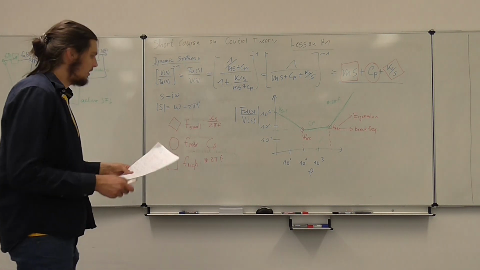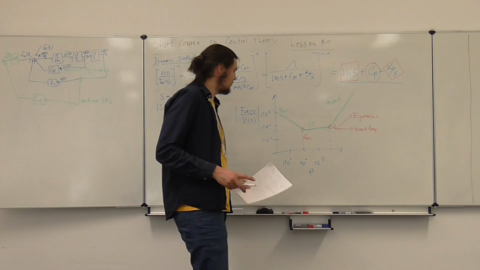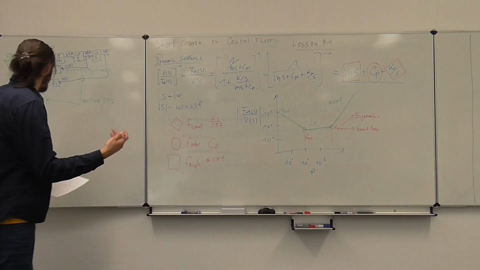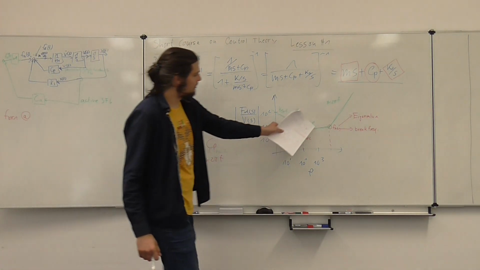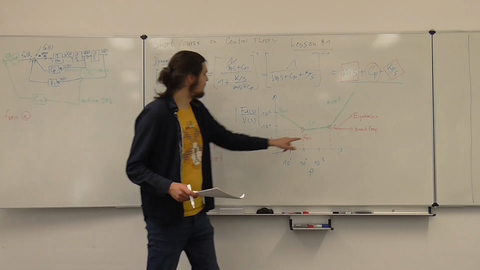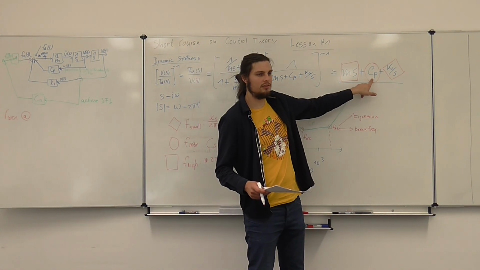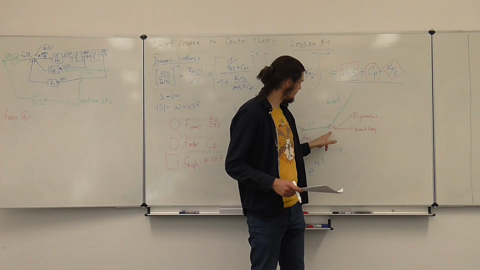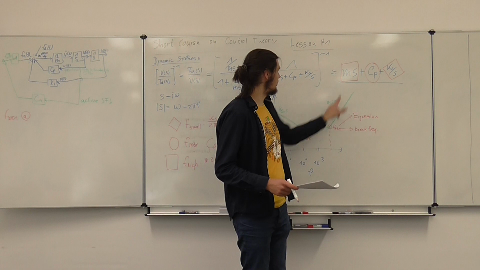Anyway, but now let's also come to how do we know where these break frequencies occur. So where does the break frequency 1 occur? What happens at this point? At this point, this stops dominating and this starts to dominate, right? So exactly at this point, what is the relationship between the two of them?